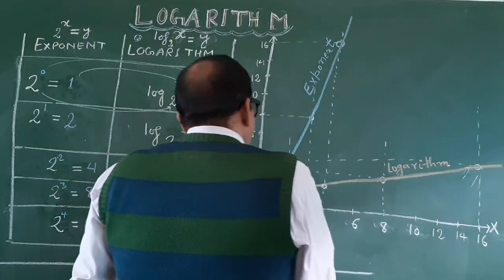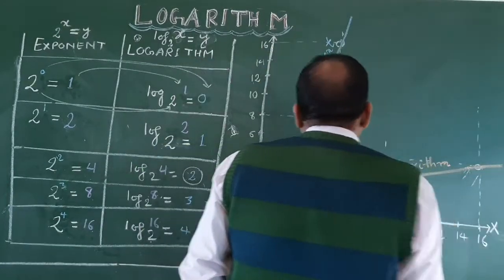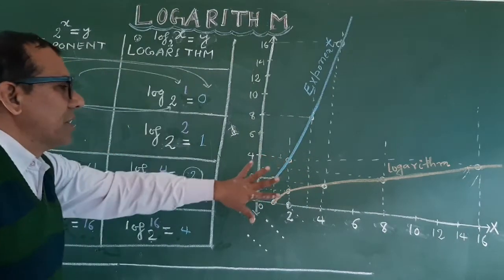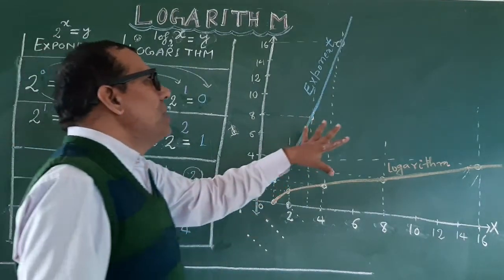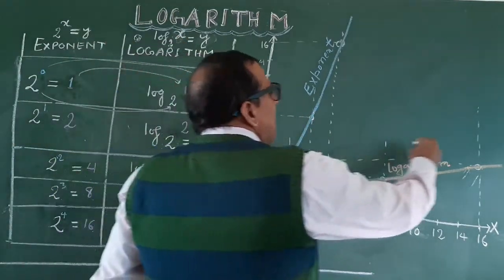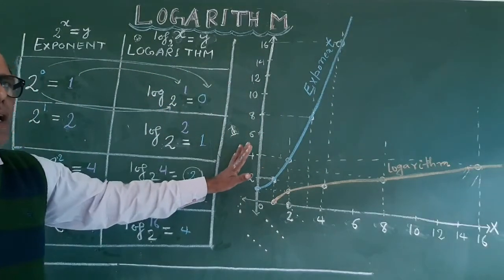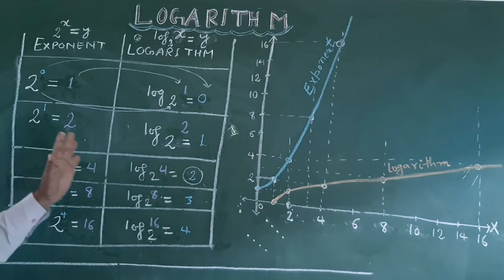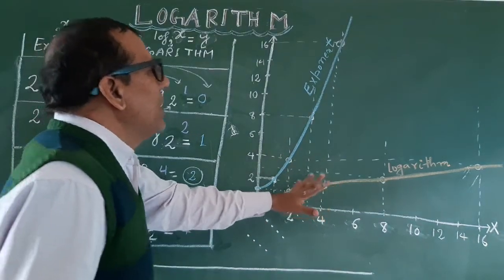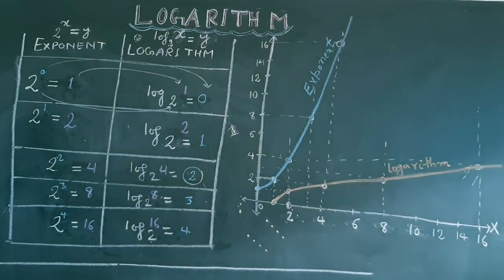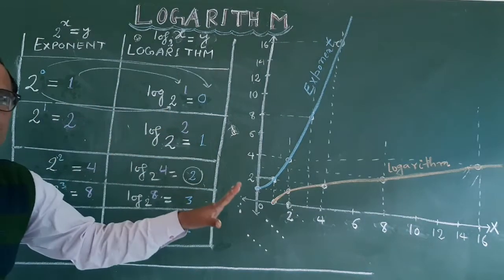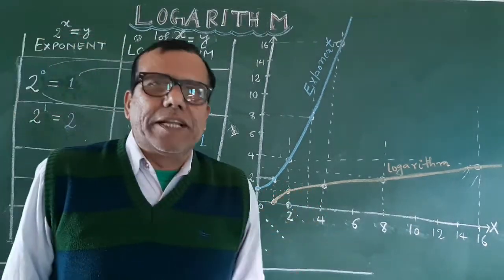This one is along the x-axis. This graph suggests logarithm is just the inverse of exponent. Finally, we can say that logarithm is the inverse function of exponent.